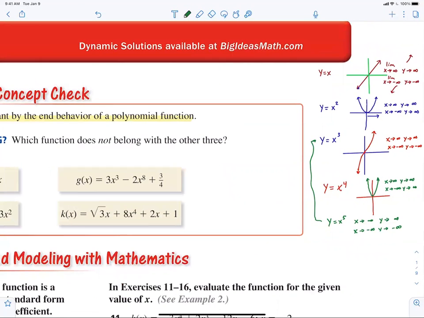Those are called the parent functions, the most basic form. Does anybody have any questions with that? The end behavior is just what the graph is doing as x gets big and as x gets small.